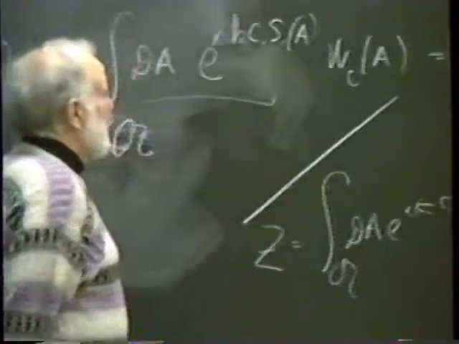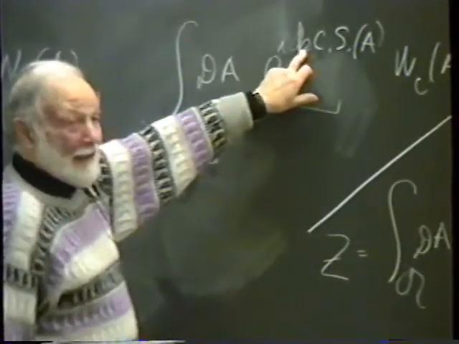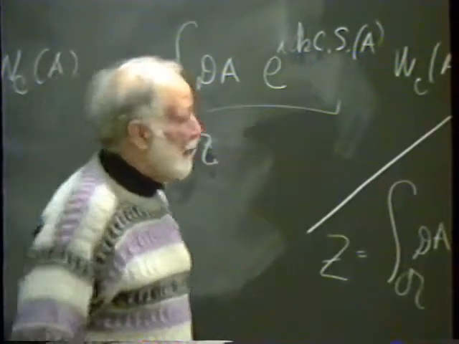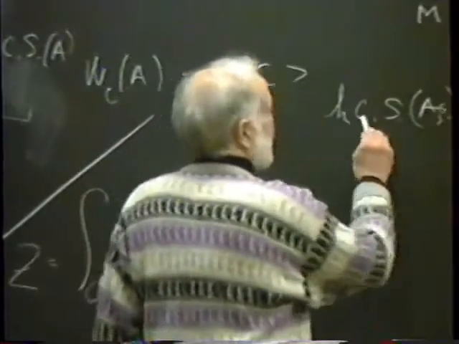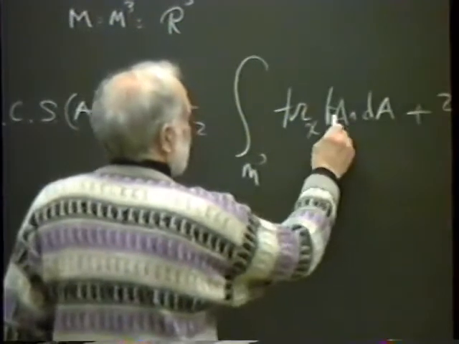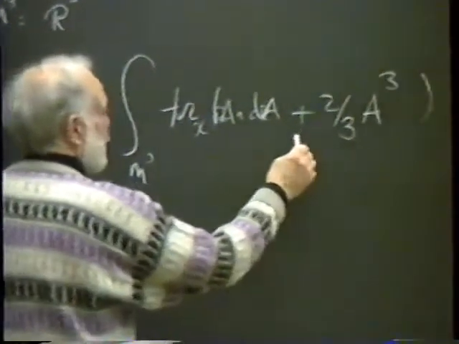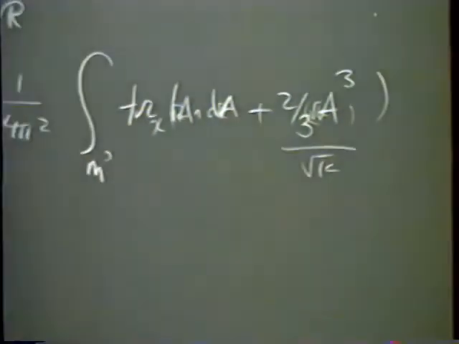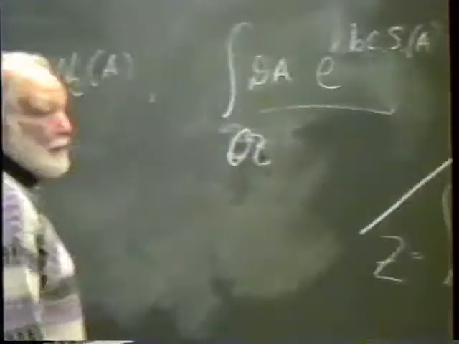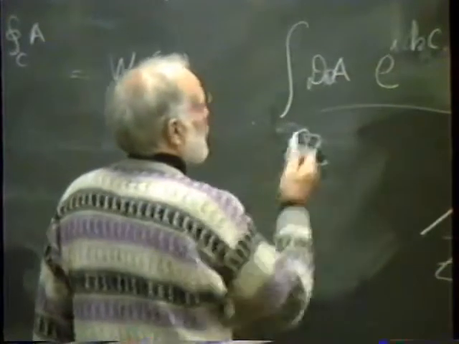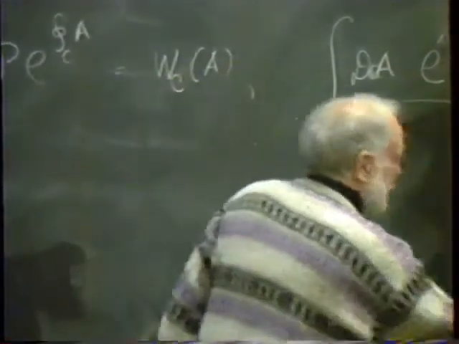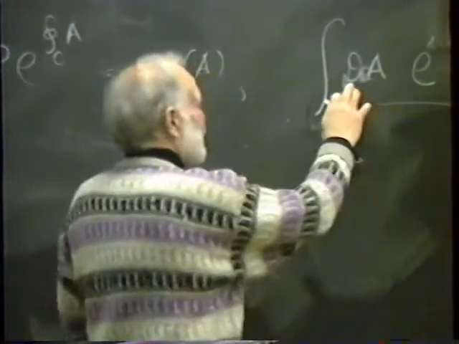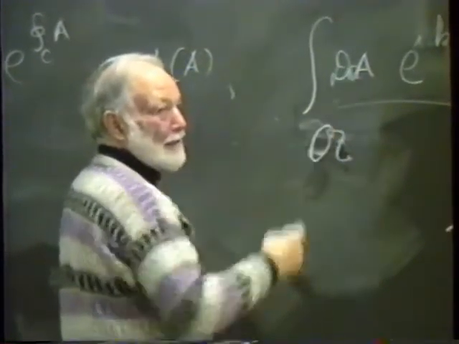Now, what do I mean by that perturbative expansion? What I mean is I want an expansion in 1 over k in the following way. I have a k in front of here. What I'm going to do is put a square root of k here, a square root of k here. Now I have the square root of k cubed, so I better put a square root of k down here. And now I want to change variables and call my new variables square root of k times A. So I better divide out by the Jacobian change from the square root of k over k.